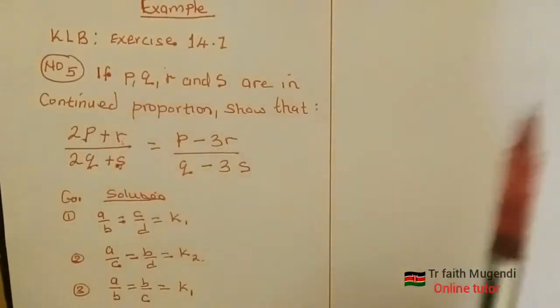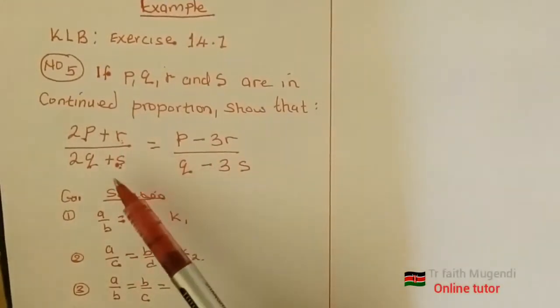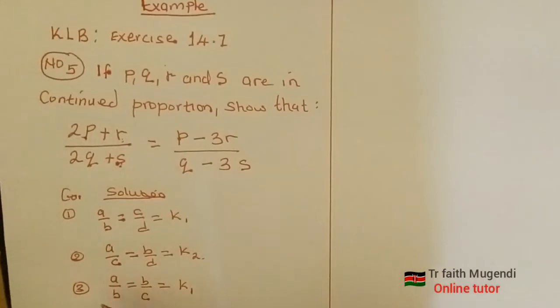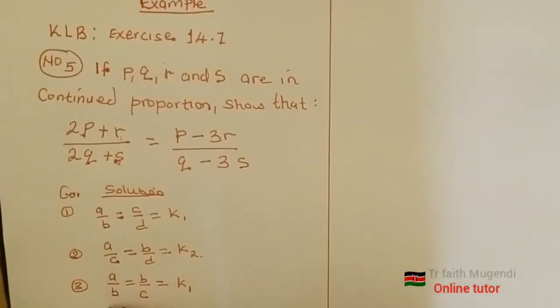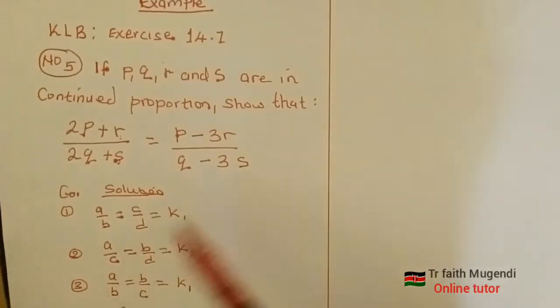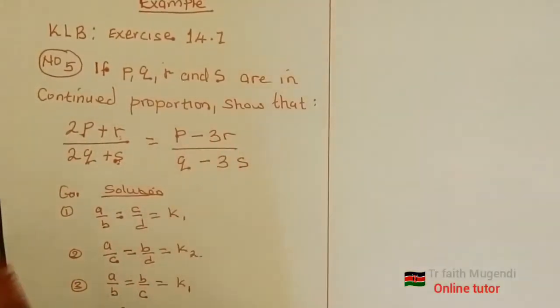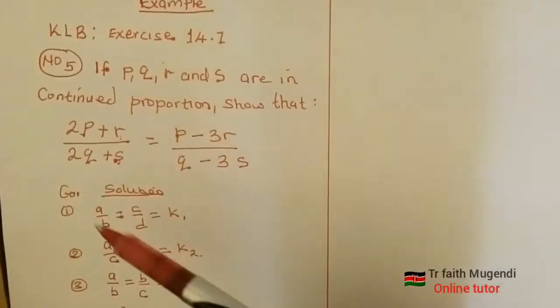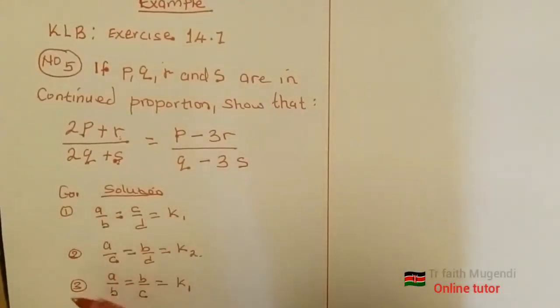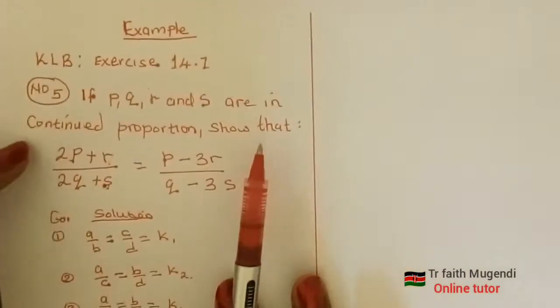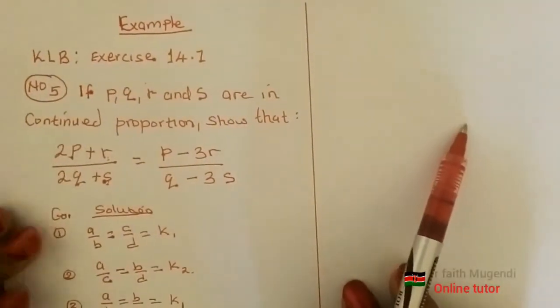Looking at the problem at hand, principle number 3 is not going to be used, and therefore we put it aside. Now let's try to see how we can use principle number 1 and 2 to help us tackle this problem.